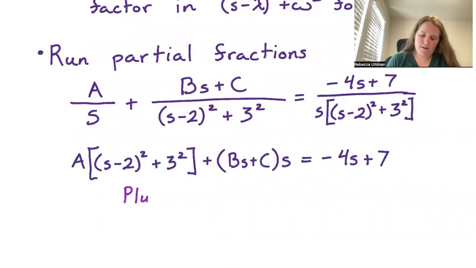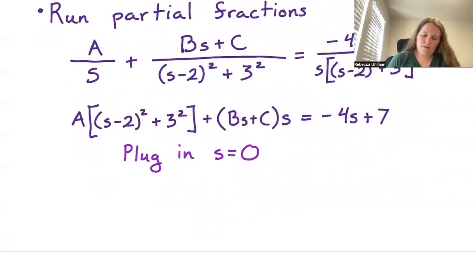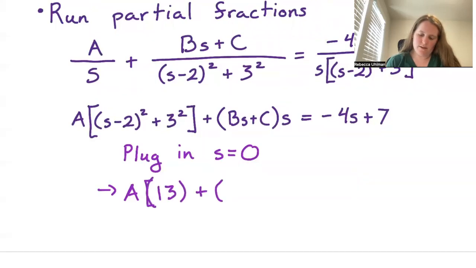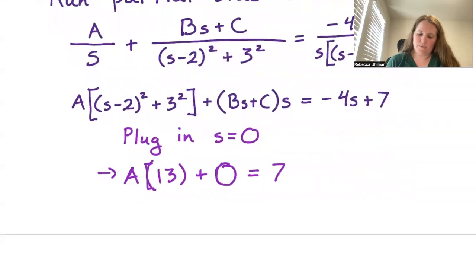So then we have A times negative 2 squared is 4, plus 3 squared, which is 9, becomes 13, plus 0 is equal to 7. And we therefore get that A should equal 7/13.